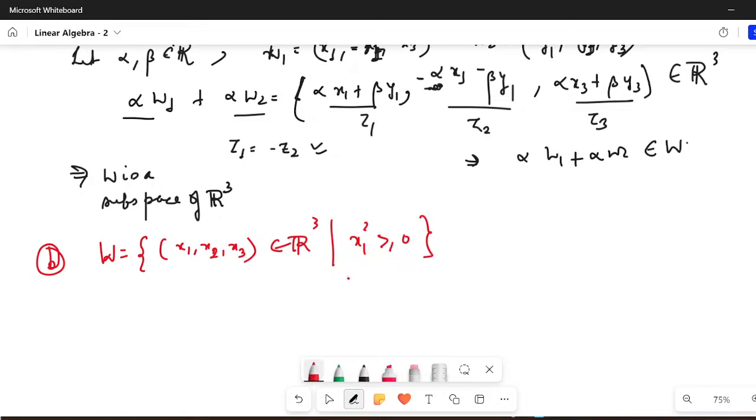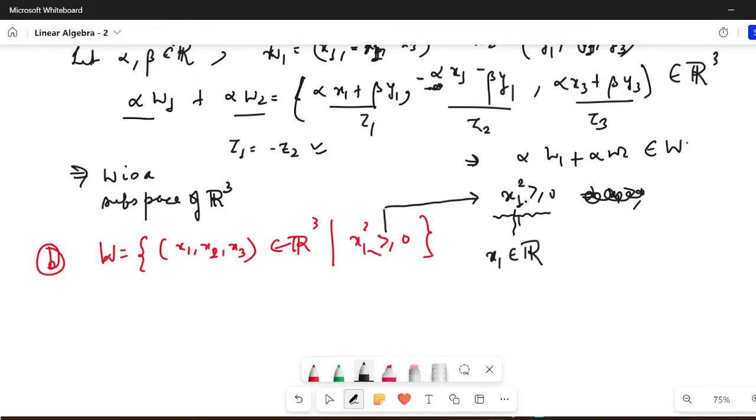Whenever somebody writes x1 square is greater than or equal to 0, don't write it as x1 greater than 0. No. Understand, whatsoever be the case, if x1 square is greater than or equal to 0, the answer should be x1 should belong to R, because for every real number, the square of a real number is always greater than or equal to 0, right?